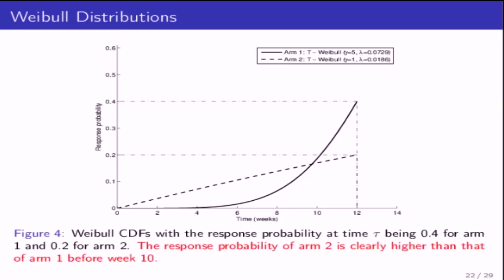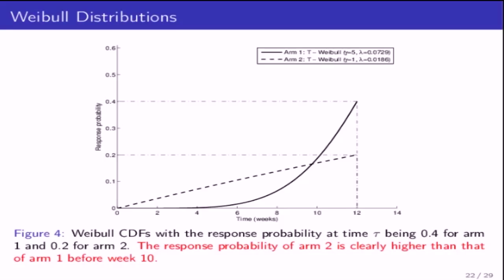So here's the distribution from which we simulated the data. We use the Weibull distribution to simulate the time to event data. The solid curve corresponds to arm 1 and the dashed curve corresponds to arm 2.